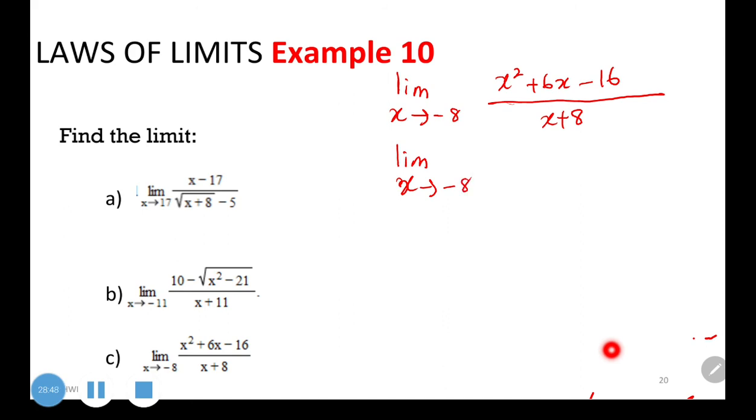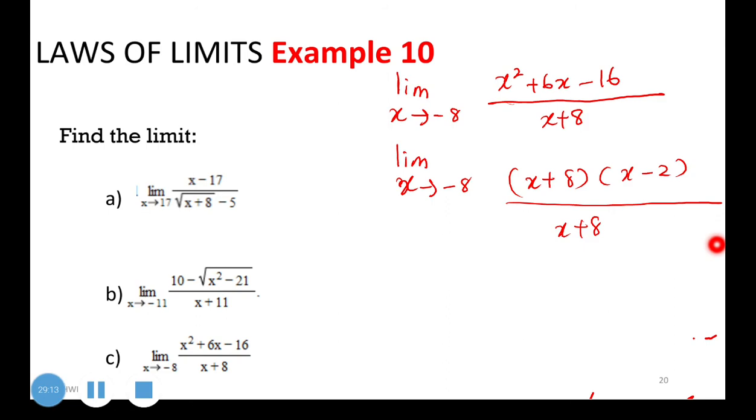So either you can do conjugates, or you can factor the equation, whichever way is feasible. Okay, this might seem hard, but if you are familiar with the way how things work, then you will know what to do. Okay, and then just minus 8 minus 2, and you get minus 10.